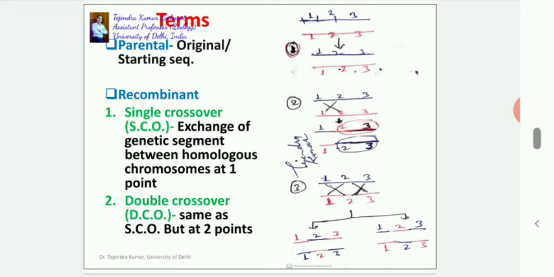Overall, the second or middle one gets a different position, but the first and third get the same, or vice versa. If the first and third get the opposite position, the second will be the same. So the conclusion is that only the middle gene will be shifted.